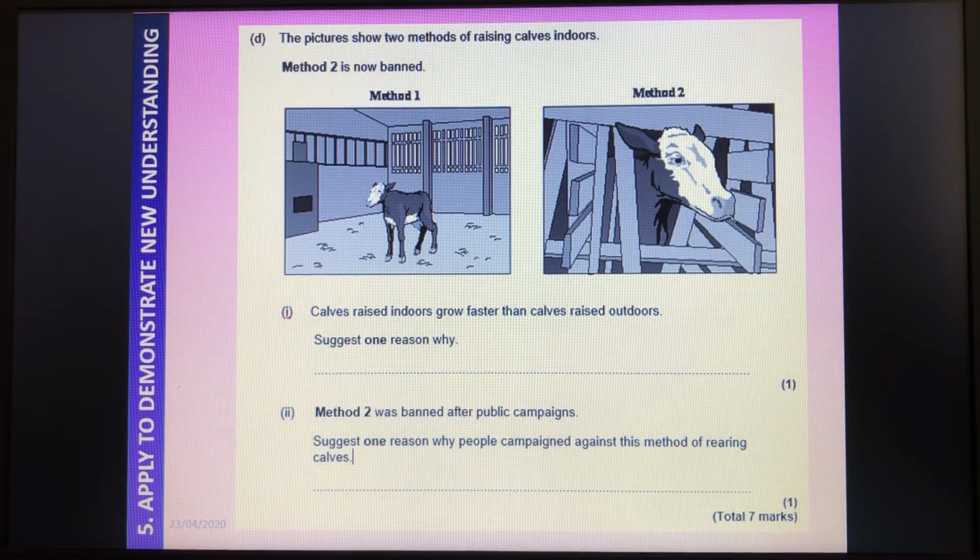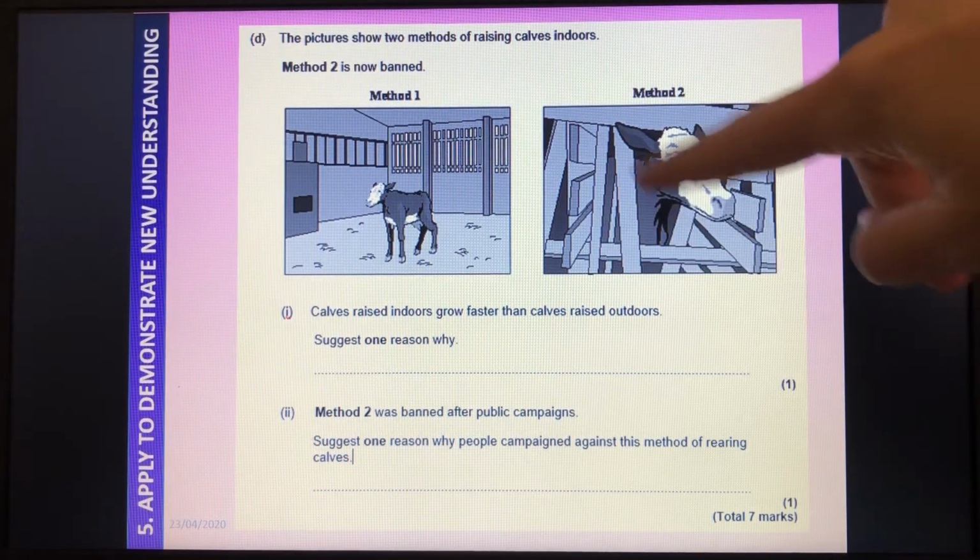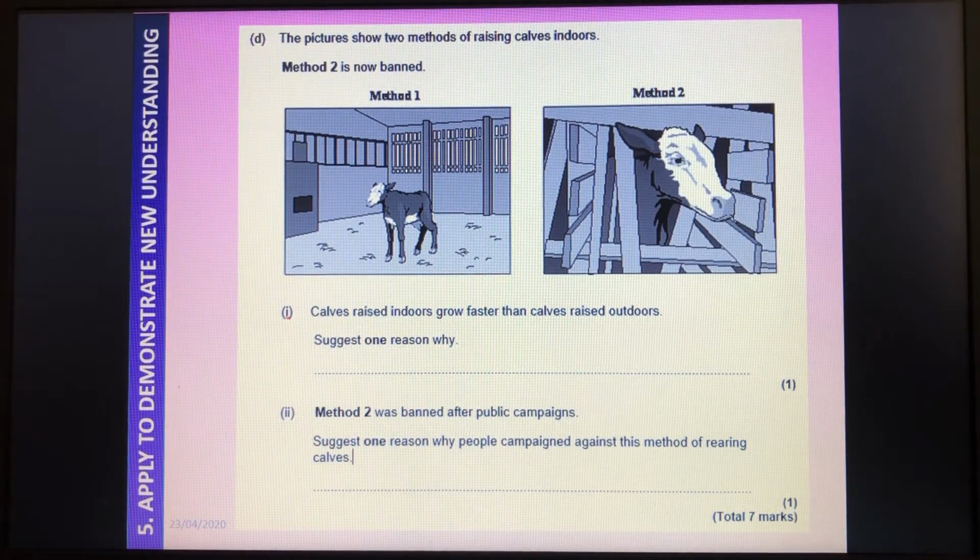The picture shows 2 methods of raising calves indoors. Method 1 is now banned. Sorry, method 2 is now banned. Okay, so you can see this really confined space here. Method 1, they've got some space, lots of space around them, they can move around.